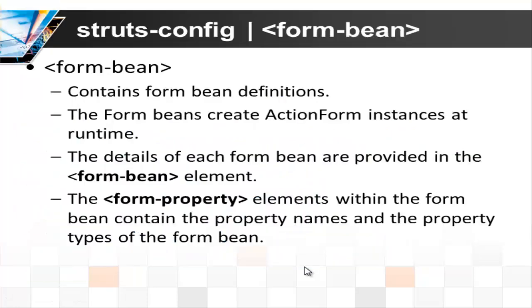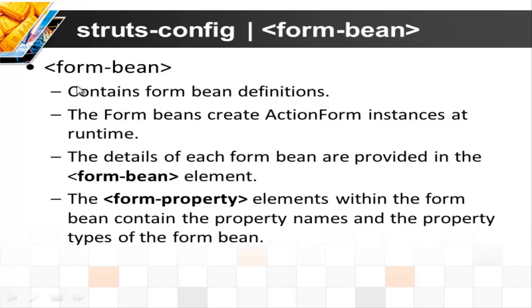Next is the one that we have already used, and that is the form bean. We are already familiar with it. The request that you are sending to the server or to the action servlet is taken and placed inside a form bean, also called an action form.